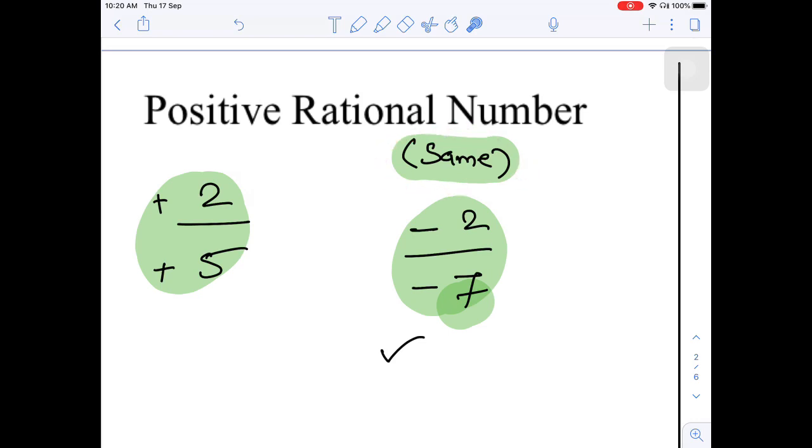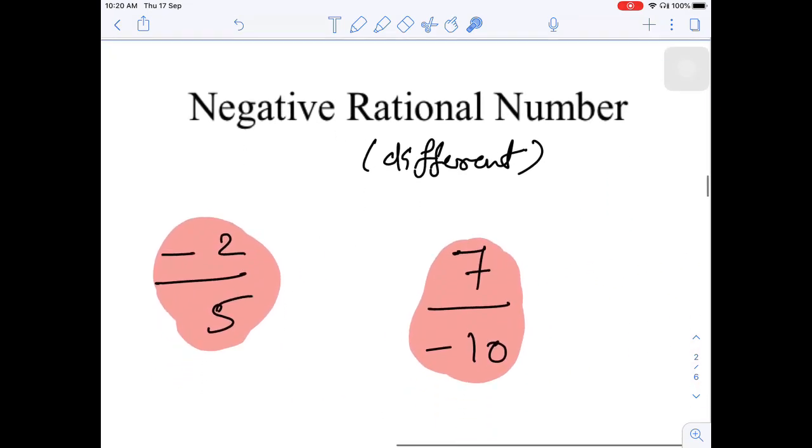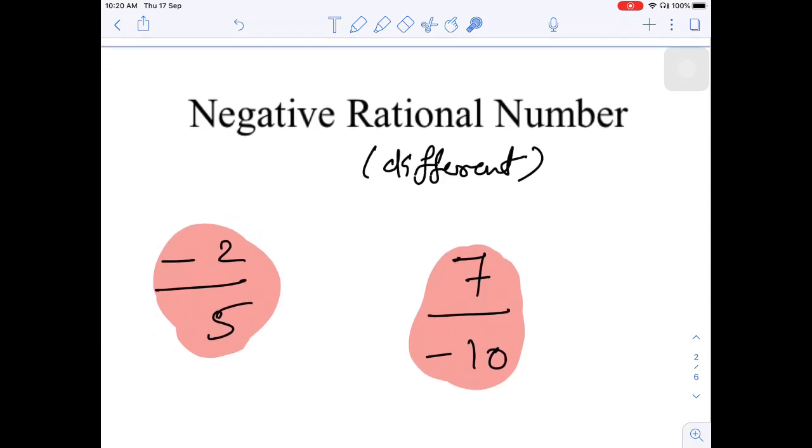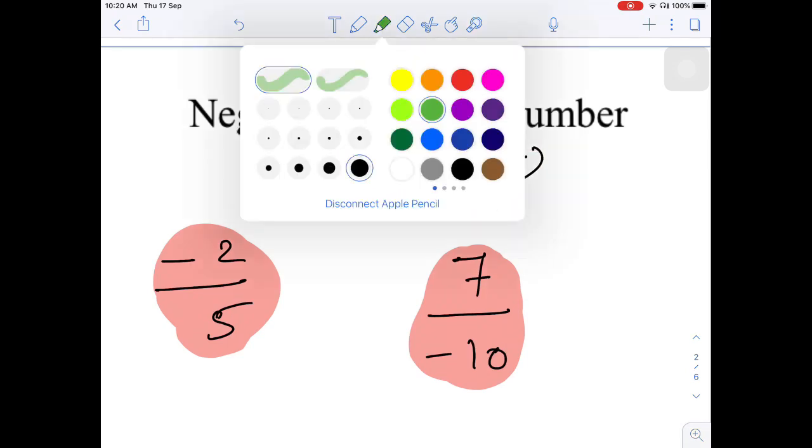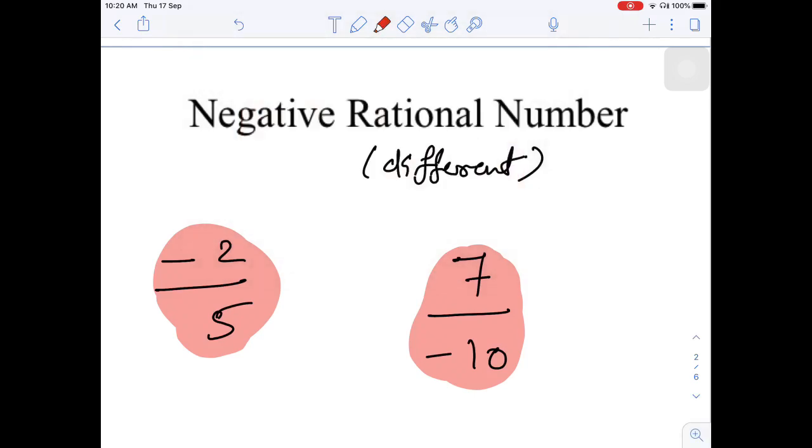Now let us look at the next type of number, that is negative rational number. So what is a negative rational number? In a negative rational number, the numerator and the denominator have different signs. I'm highlighting it with a different color. They both should have a different sign. If you look at this example, in the numerator it is minus 2, the denominator is plus 5.